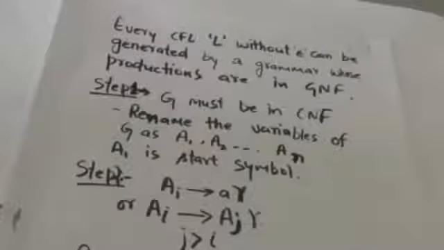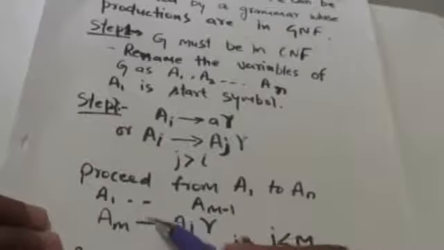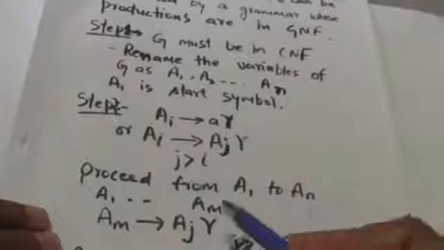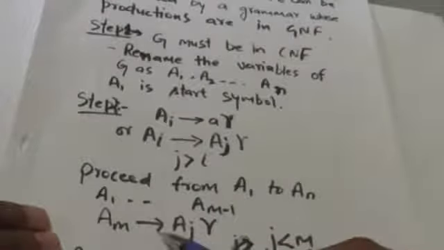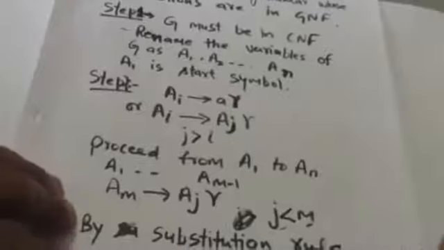To modify the grammar this way, we will proceed from variable A1 to An and check their productions. Suppose productions for variables A1, A2, A3 up to Am-1 satisfy this condition, but for variable Am there is a production Am derives Aj gamma, where j is less than m.